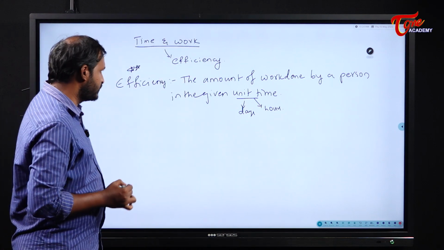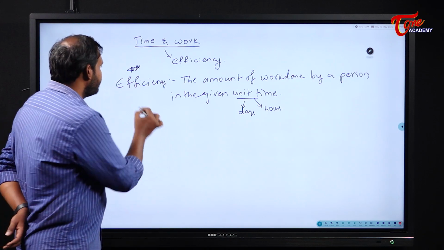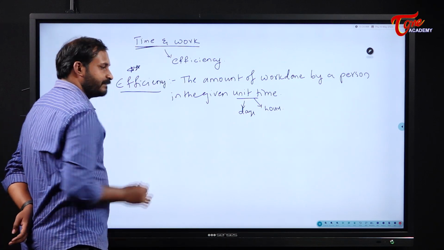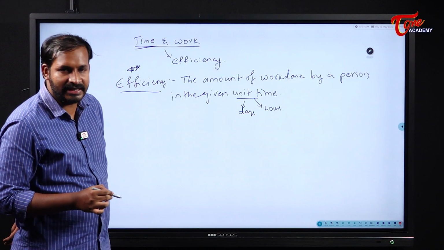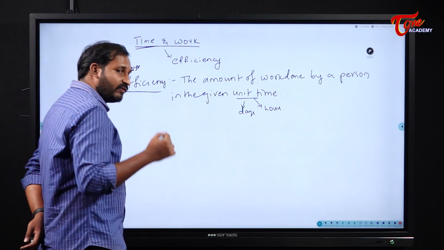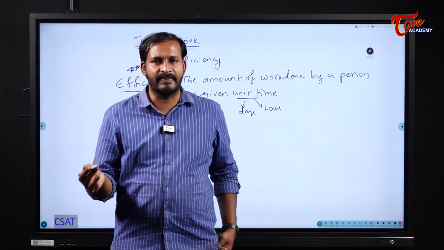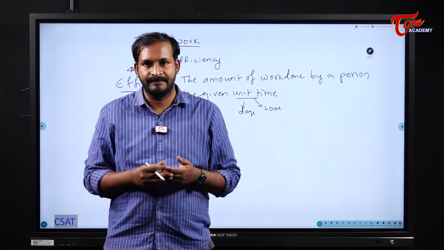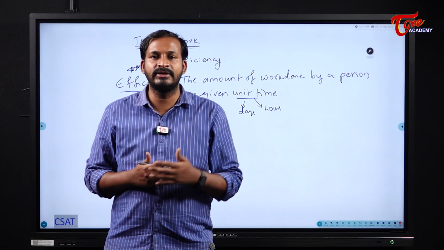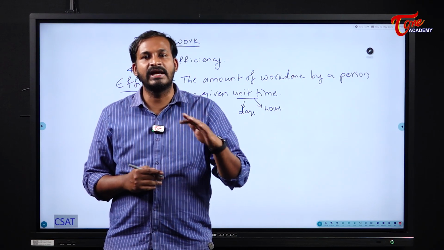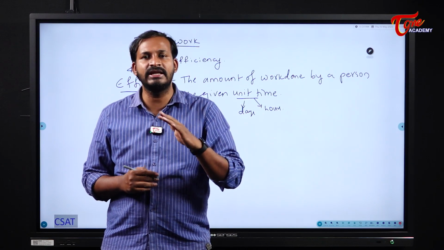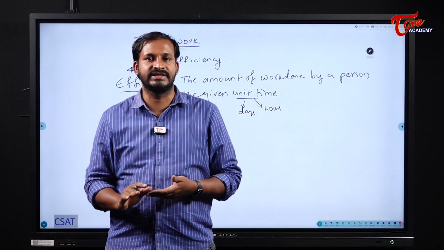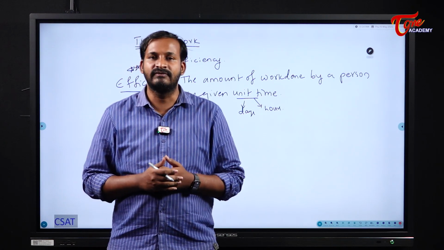Now see here students, how is this efficiency related to time? Efficiency means the capacity to do a work. Now, if I have more efficiency, then what about the time taken for me to complete the job? Definitely, I will finish that work in very less time. If I have less efficiency, then what happens to my time? It will go on increasing.